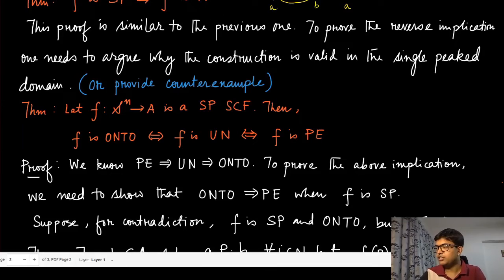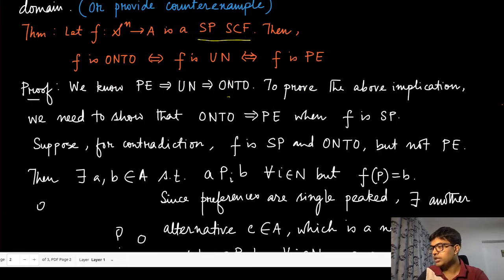But the reverse implication, that ontoness will imply unanimity and unanimity will imply Pareto efficiency under the condition that this social choice function is strategy proof, requires some amount of work, and that is exactly what we are going to do here. And that will also give you an idea of how we are going to do the construction. In single-peaked preferences, we will also have to take care of certain additional things, because there is a restriction in the domain.